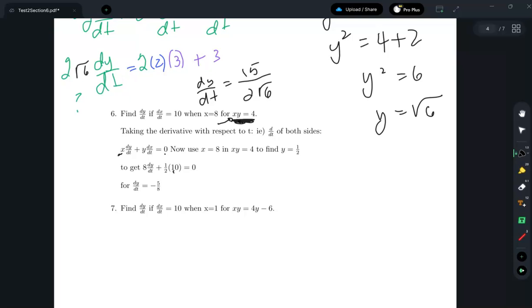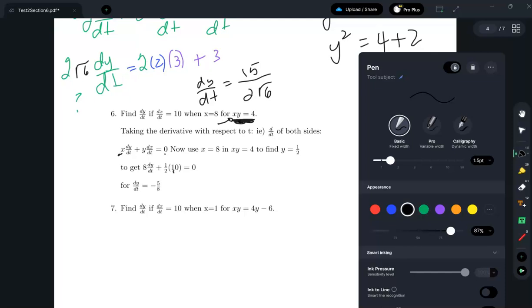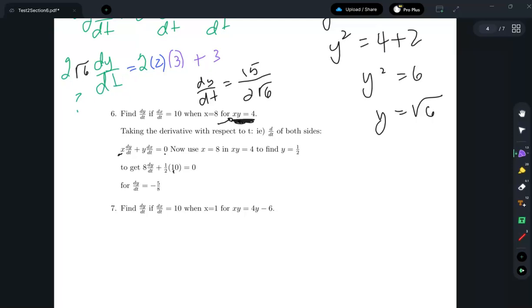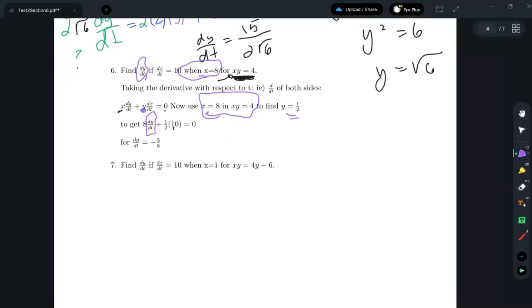So remind ourselves what we're trying to find. I'm trying to find dy over dt. So that's totally fine to have that in there. But how do I find out what y is equal to? So I'm going to find out what y is equal to by taking this when information and putting it into the original equation, and that's how you can find it. So this is going to be a common thing.